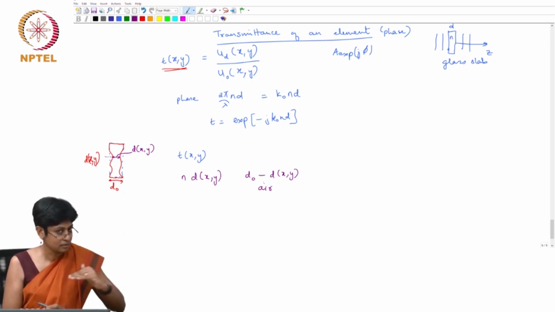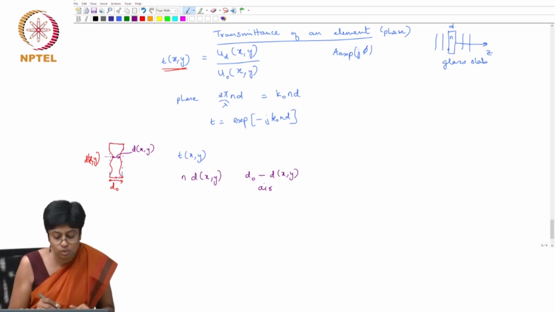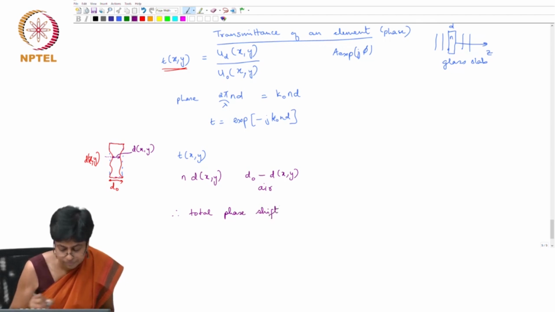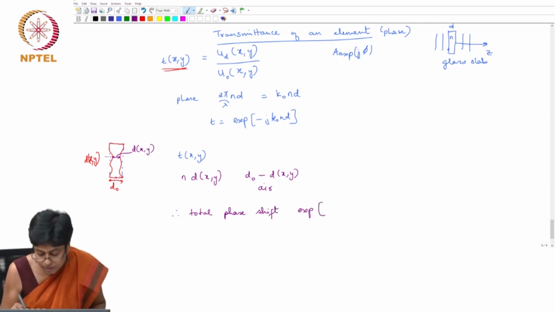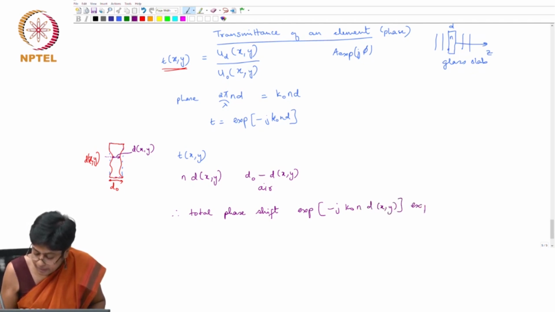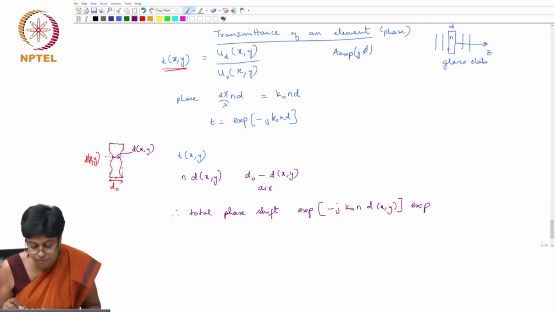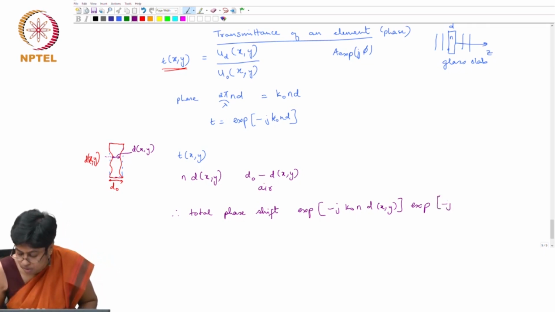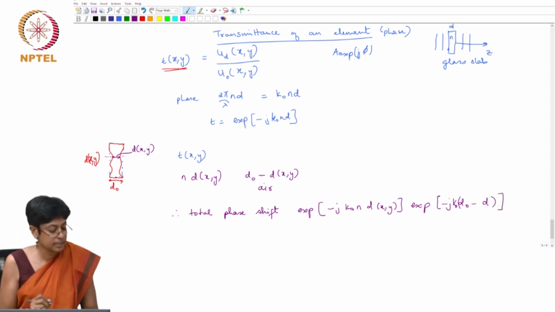And that happens at every position of this element. So the total phase shift then is the phase shift due to, so minus j q naught n d of xy, and the phase shift, so it's a product of the phase shift due to passage through the glass slab and then also through this, let me just write it as d naught minus d.